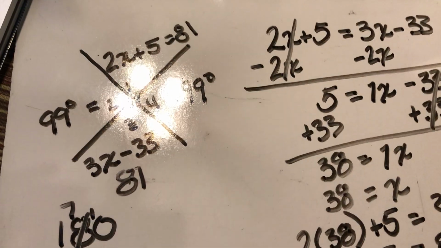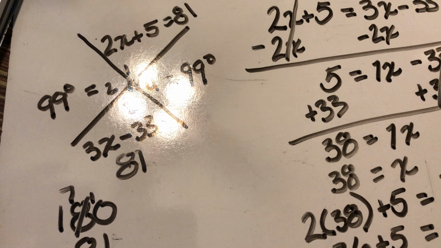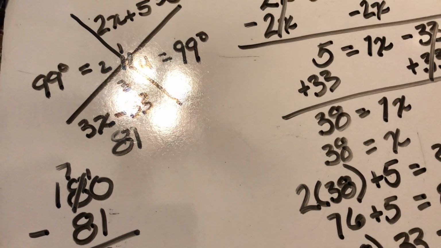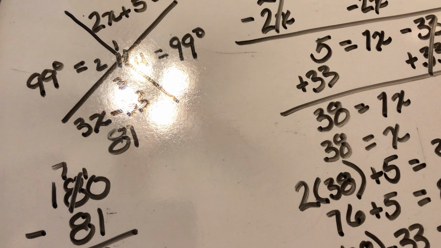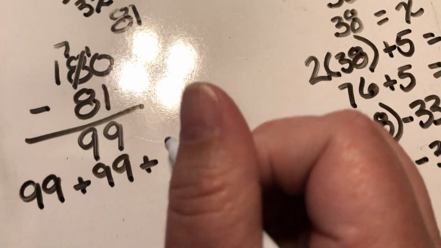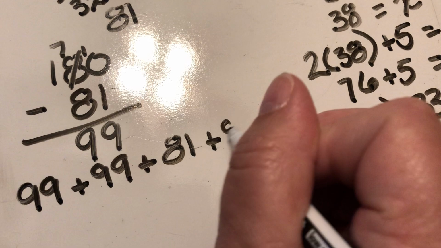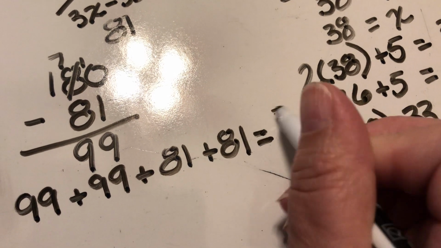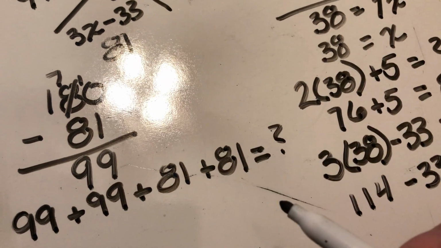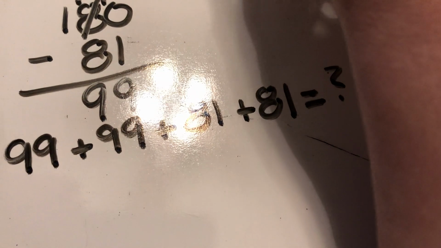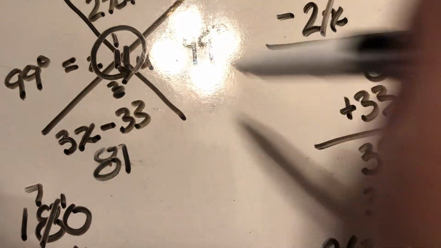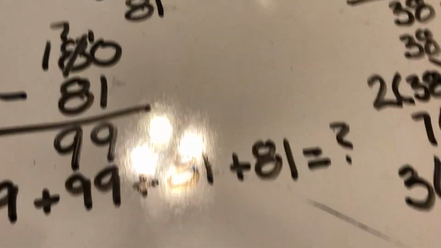And then to make sure I'm completely correct, I just add up all 4 angles. So I get 99 plus 99 plus 81 plus 81, and I want to know, does that equal 360 degrees? Because all 4 angles going completely around makes a complete circle, which is 360 degrees.